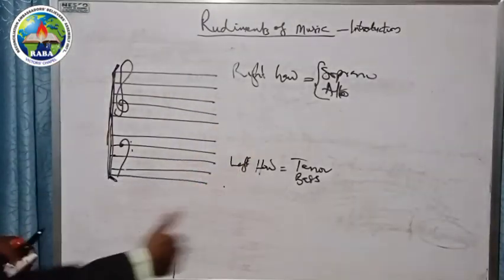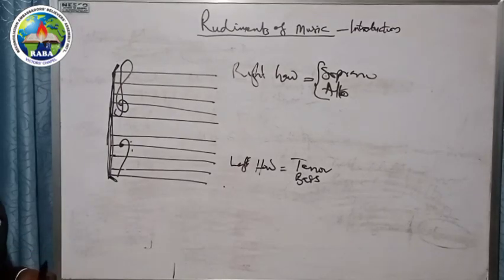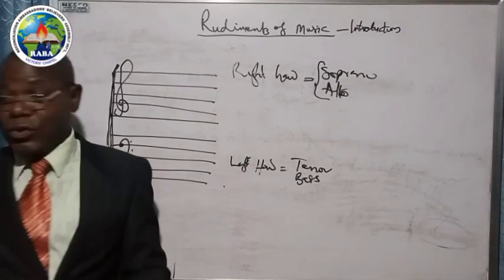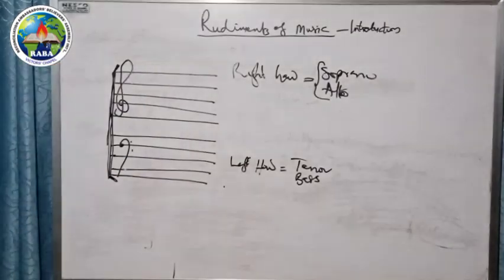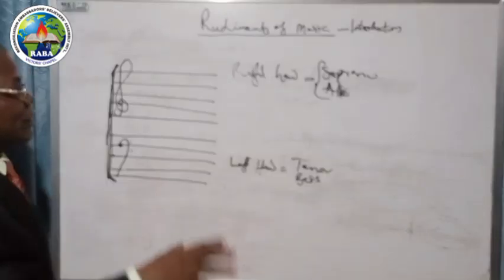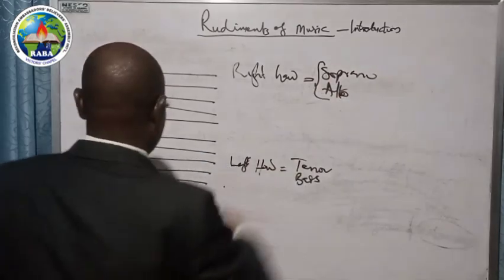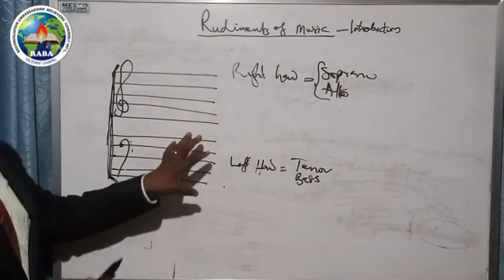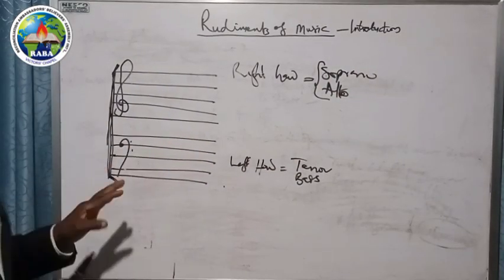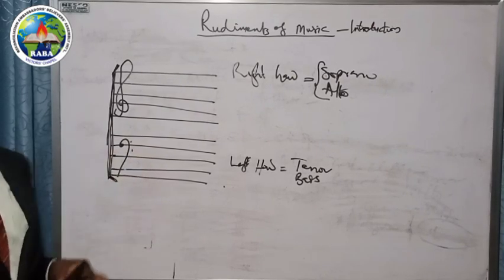But after some weeks of training, we have the organ that we use to give examples of all these things. You use your right hand to play the soprano and the alto, and your left hand to play the tenor and bass.